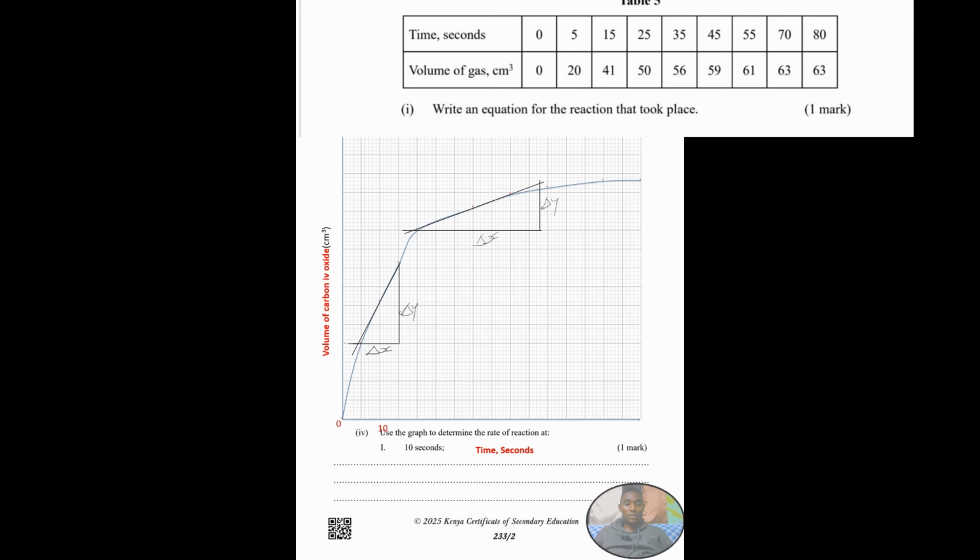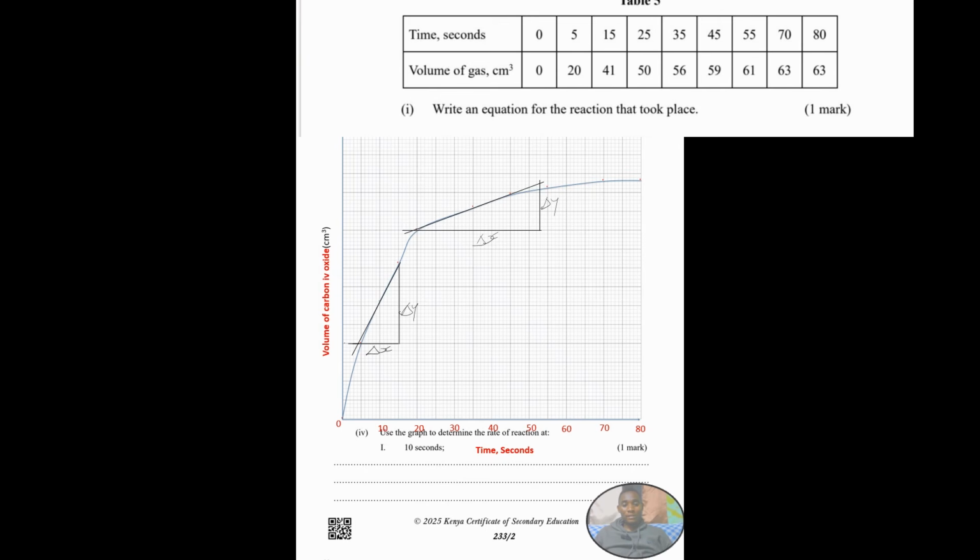So I choose a scale. I choose 10 small squares to represent 10 seconds for the time. So we have 0, 10, 20, 30, 40, 50, 60, 70, and 80.